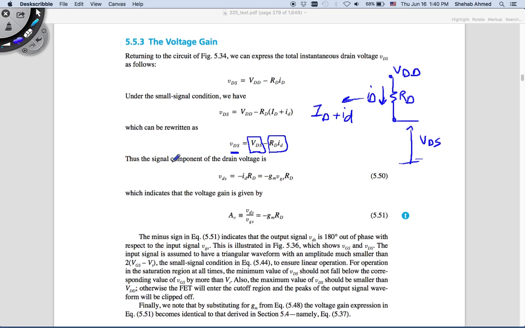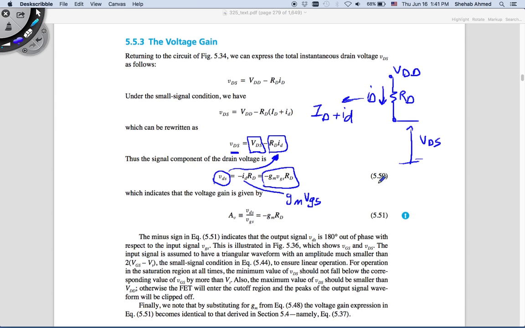Since we said that superposition can apply, VDS due to only my small signal is this component here, which means that VDS due to my small signal is equal to minus RD times ID. We said ID is equal to GM times VGS from the previous slide, which means this is equal to VDS.